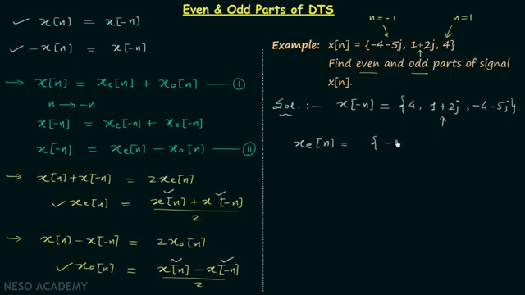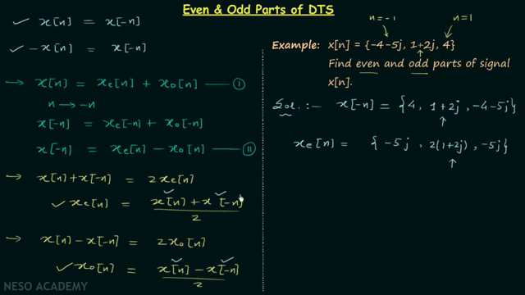This will give us -5j. Then we will add 1+2j and 1+2j. This will give us 2 times (1+2j). And then we will add 4 and -4-5j, giving us -5j. The arrow will be there at the same position.